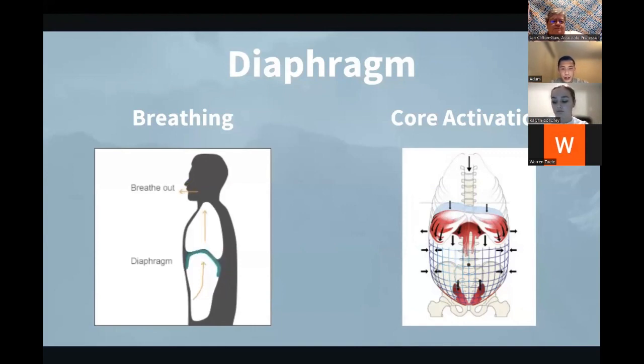And then right now, we're all sitting in a chair, and we're not doing any lifting. So like 90% of the diaphragm is for breathing, and only probably 10% is to stabilize your core to keep you upright.